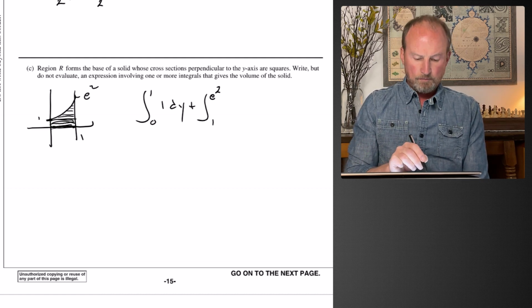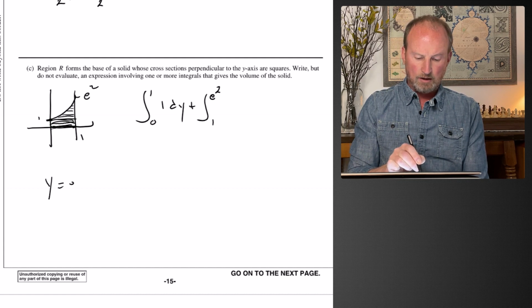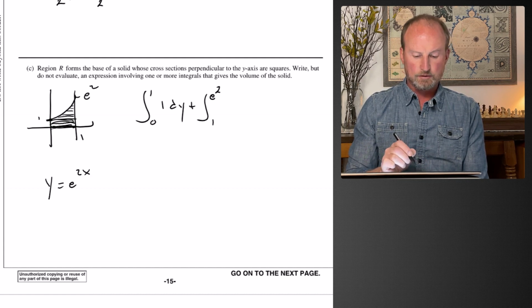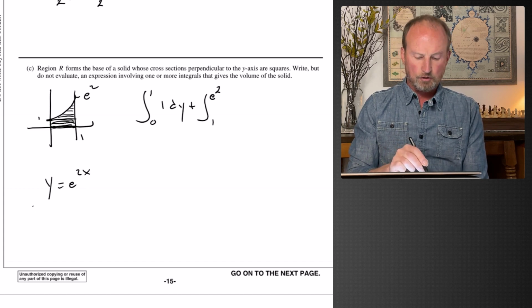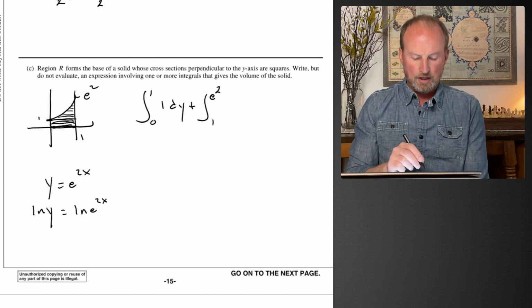So here's the other thing. We had y equals e to the 2x. We need to rearrange that to solve for x. So going back to some pre-calc, we're going to take the natural log of both sides, or you could say you're going to switch forms, either way.